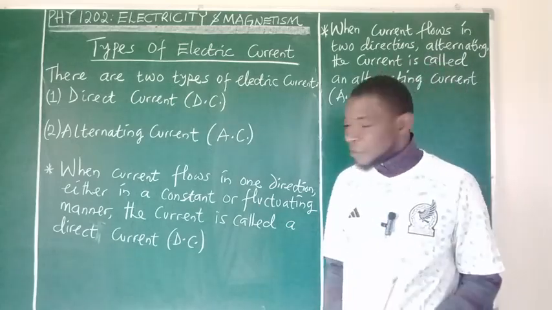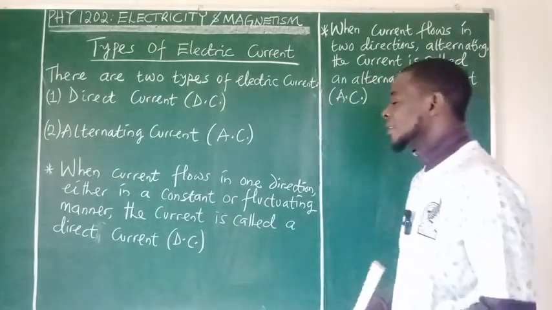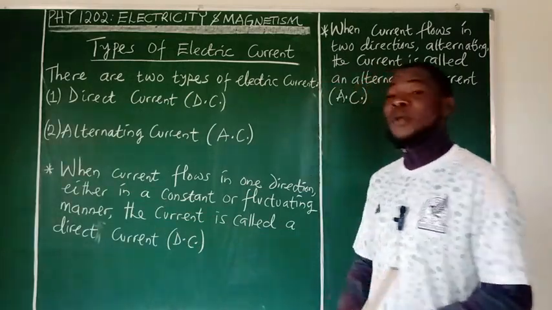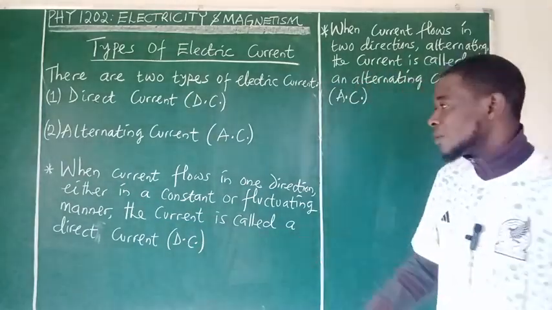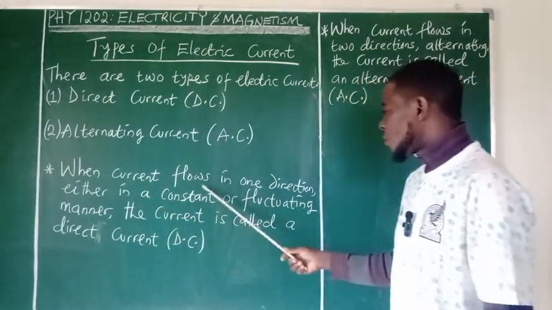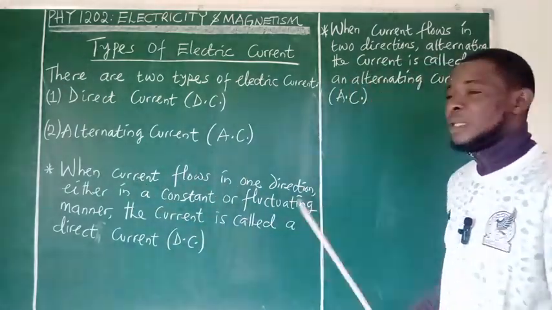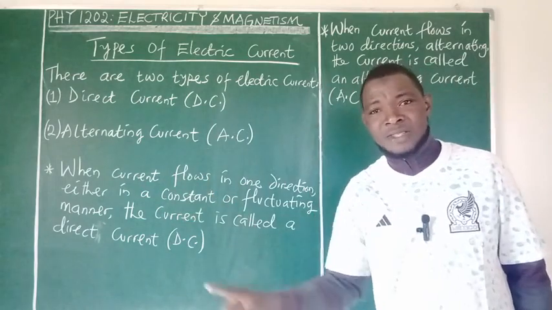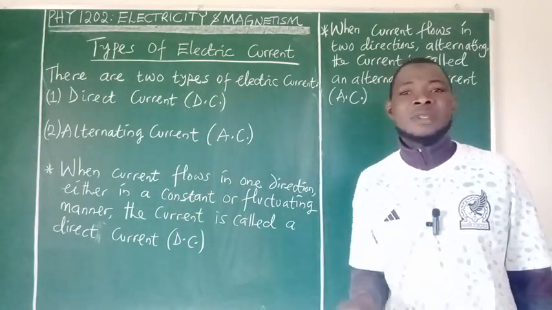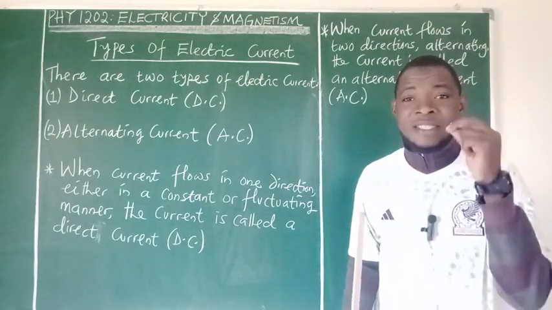Now, the explanation. In the first point here, we are explaining the direct current. We said when current flows in one direction, meaning the current is flowing in one direction only, it is unidirectional.